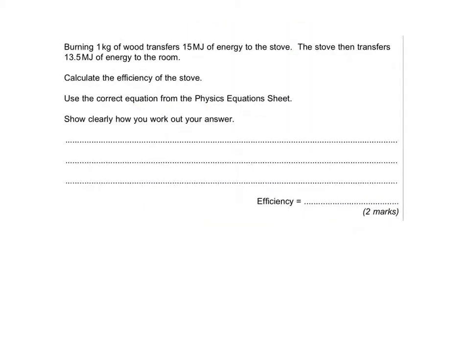In this past paper example, it says burning 1 kilogram of wood transfers 15 megajoules of energy to the stove. The stove then transfers 13.5 megajoules of energy to the room. Calculate the efficiency. So if we have 15 megajoules transferred to the stove and 13.5 of that is useful, the efficiency equation, which I would copy out from the physics equation sheet, is our useful divided by our total times by 100.